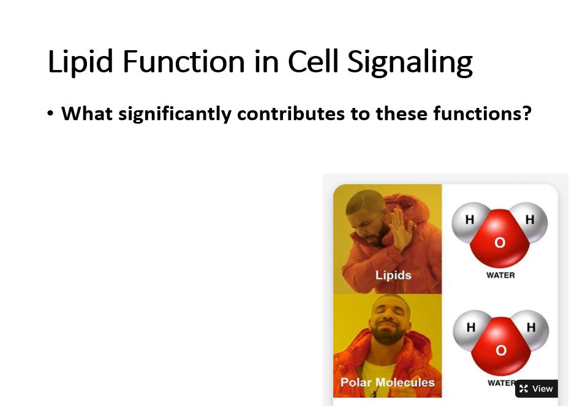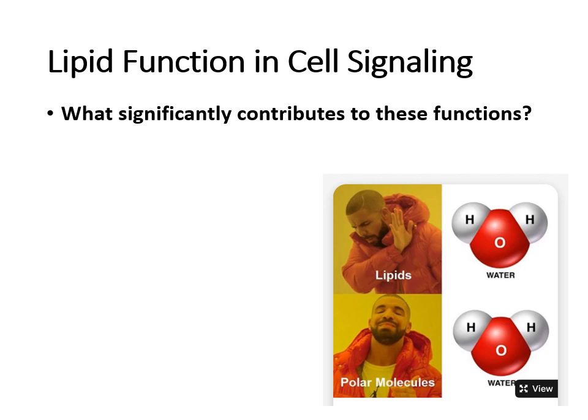And that then brings us to the third function, which is cell signaling. This question that I asked here is what significantly contributes to the cell signaling functions. If you think back to other lectures that we've had, where you think about what's actually involved in signaling, you need ligands binding to receptors, especially the pockets in receptor proteins.